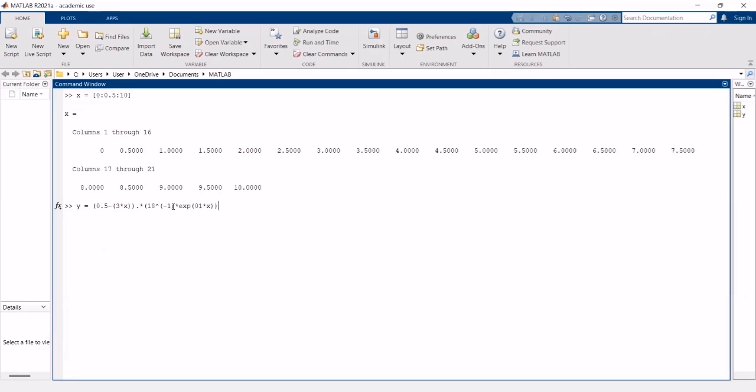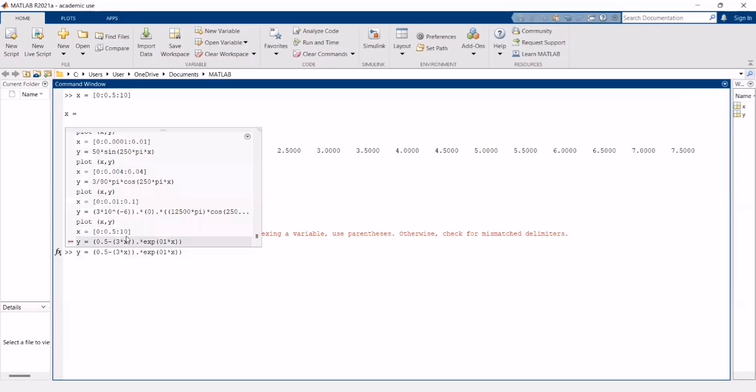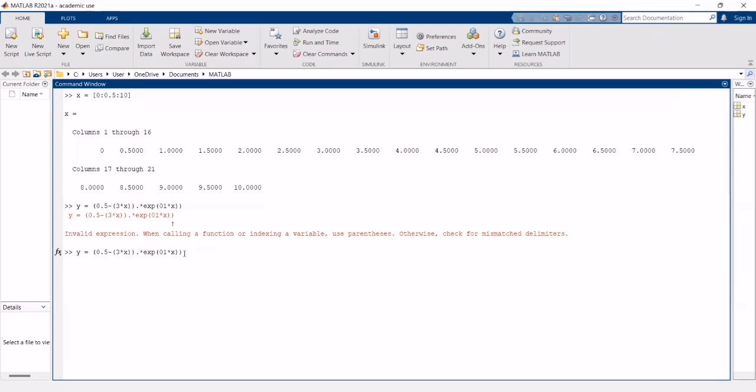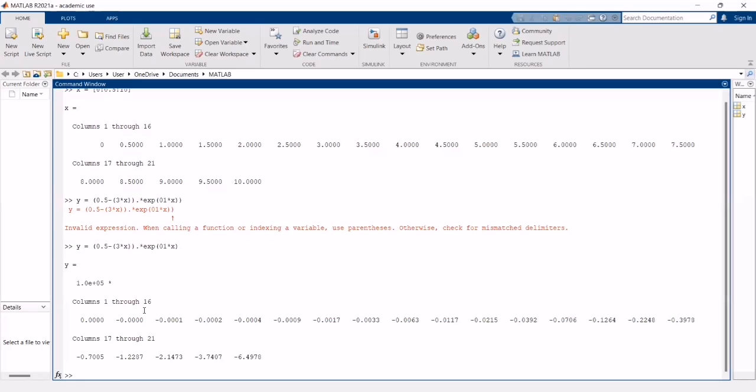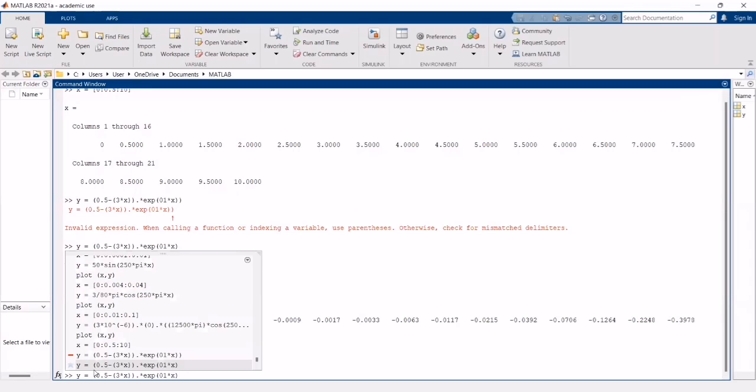Wait, just the exponent is 3 times x, just for the exponent. Just the error, and then you just plot it.